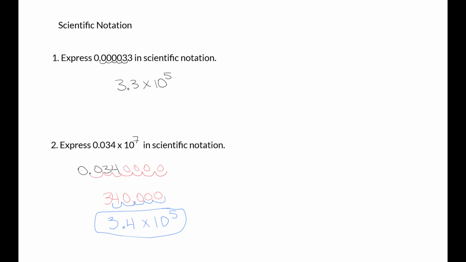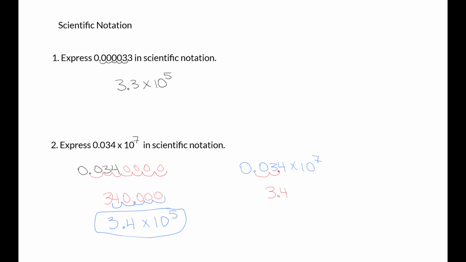Okay, so we're going to take the same problem, 0.034 times 10 to the seventh. You know that this does cut out some steps because you know that you only need to go to the 3. So watch, you're only moving 1, 2 places so that you can have 3.4.